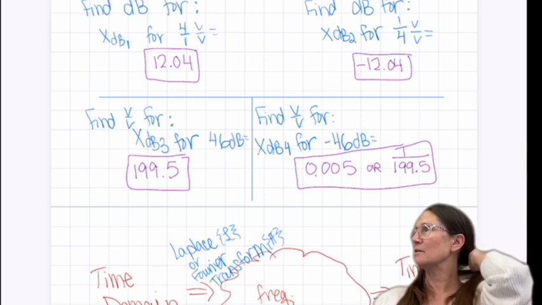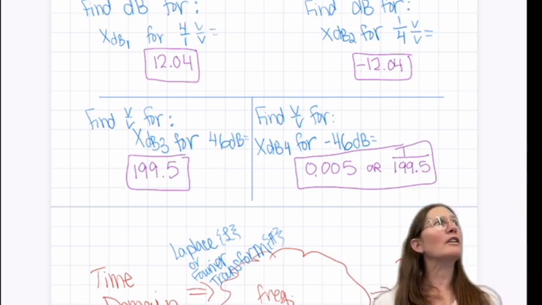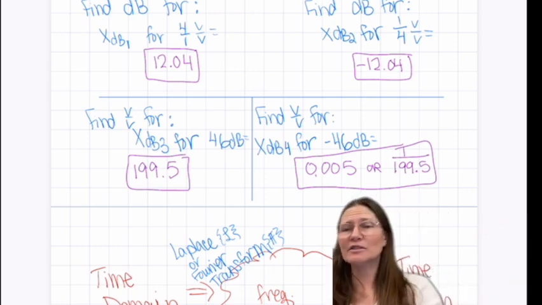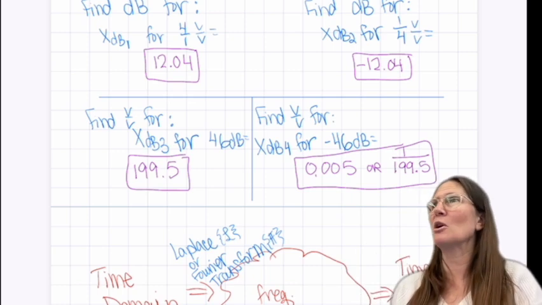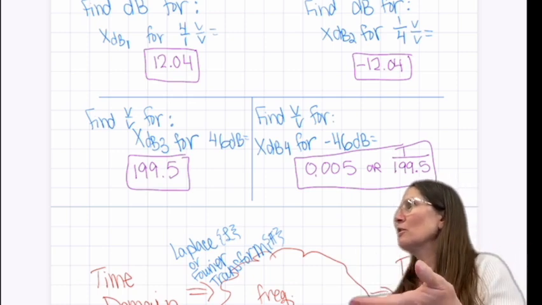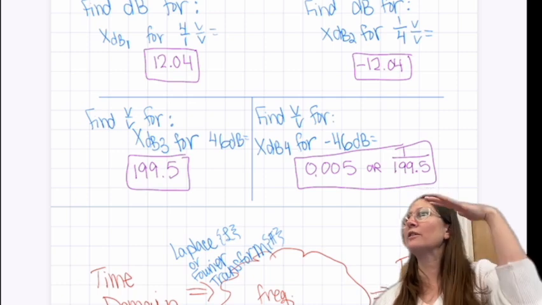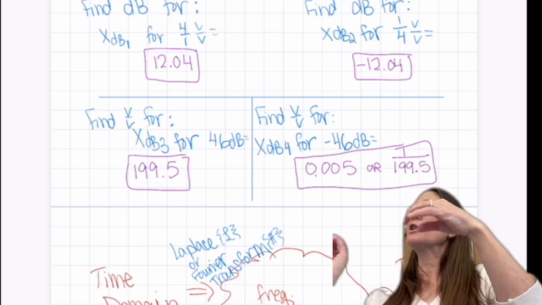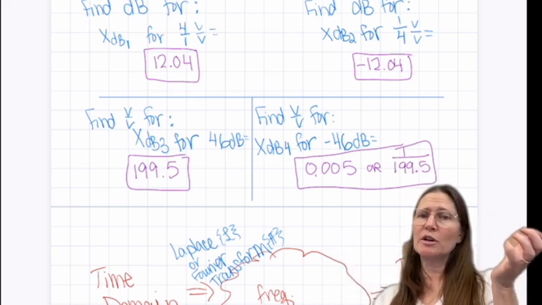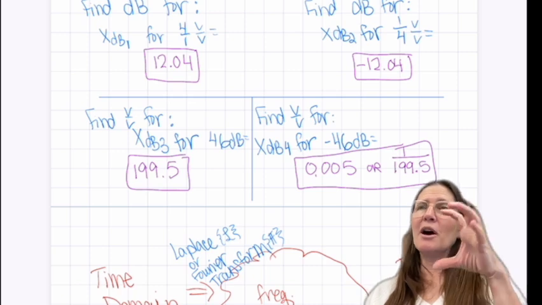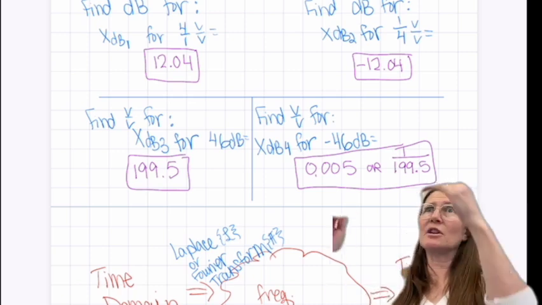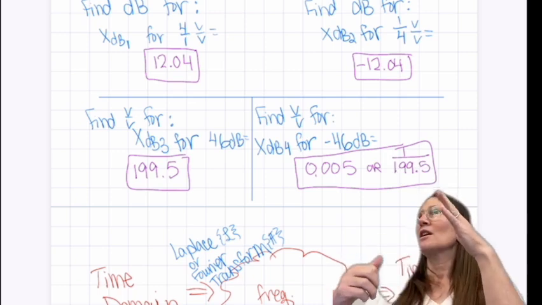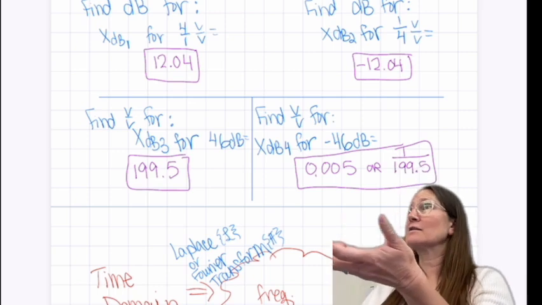Does that make sense? This is good to know because if you see a negative decibel, it just means I have a very small number. If we're thinking about this as output over input is equal to this number, if we have a large number or a positive dB number, it means that our output is greater than our input, and so we're amplifying that signal.